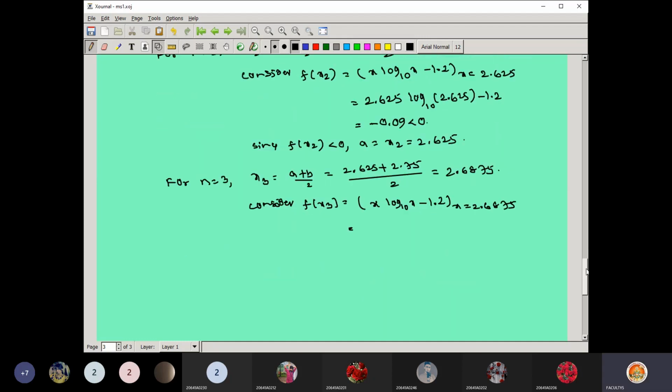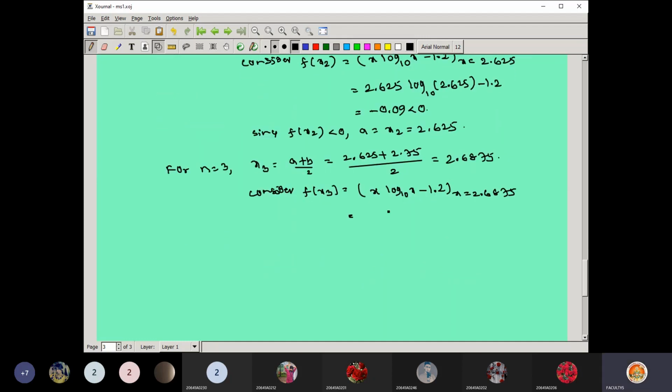Just see once what comes. 2.6875 into logarithm of 2.6875 minus 1.2. So you are getting minus 0.046. So again it is less than 0.